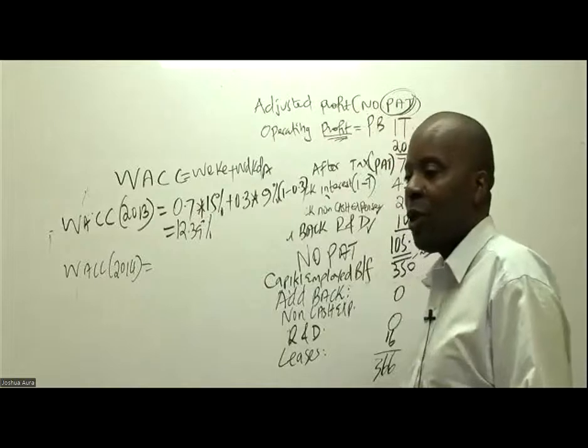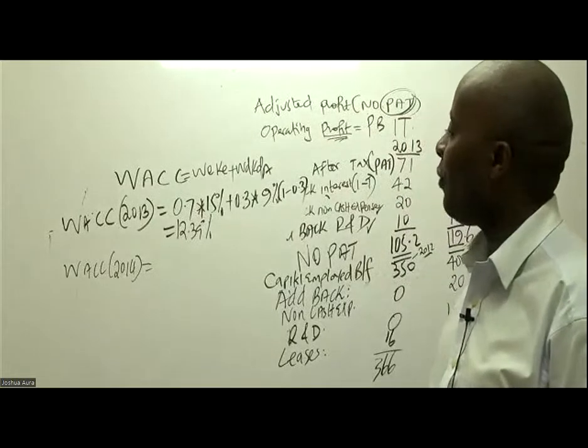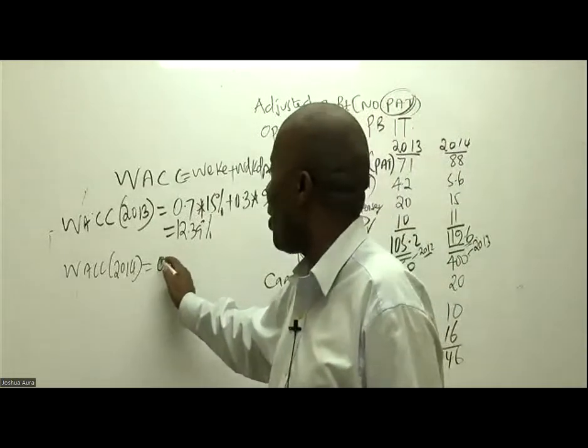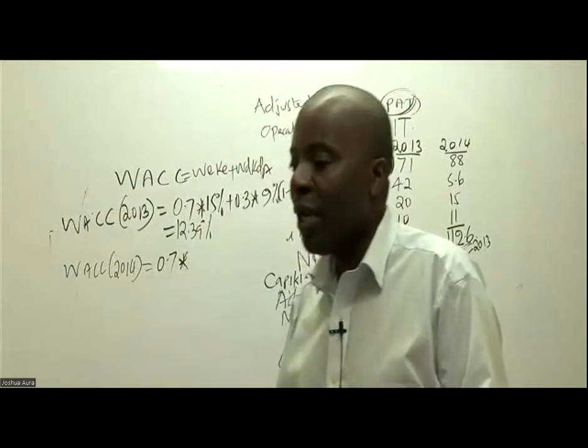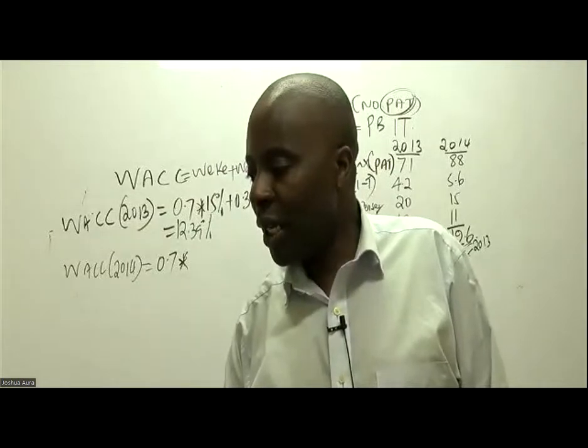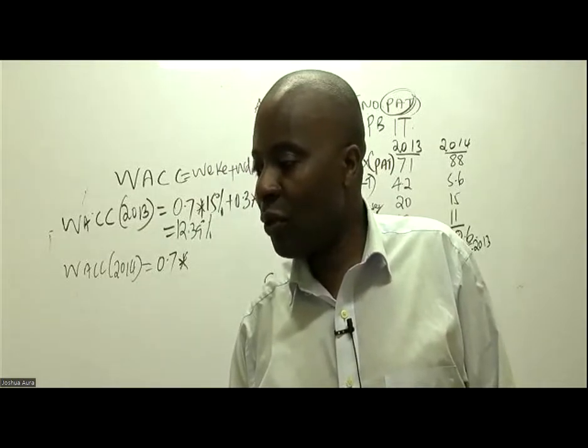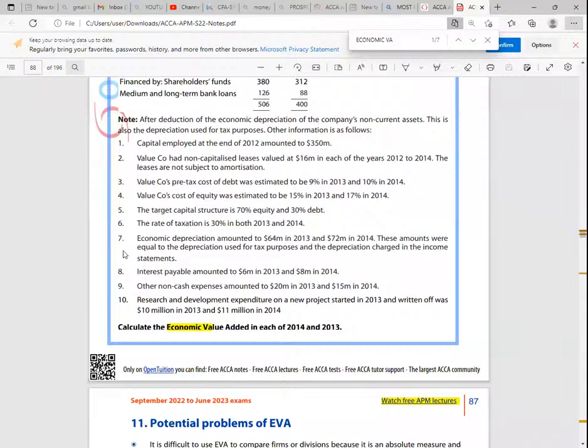WACC for 2014: 0.7, which is the weight of equity, multiplied by the cost of equity. The cost of equity in the year 2013, as per note number 4, is 15%.